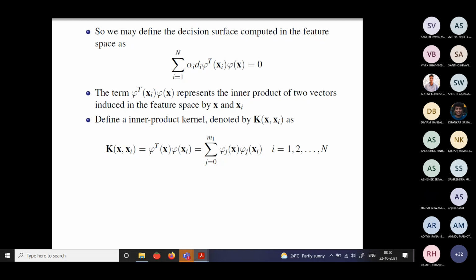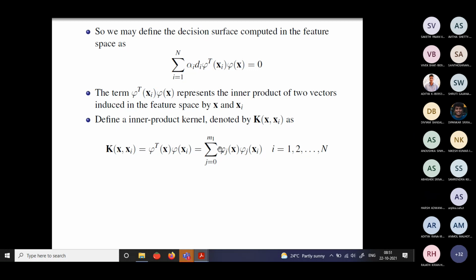Like that, you have eigenfunctions. So we define an inner product kernel by this one. So we say phi transpose xi, and when you open it up, j equal to 0 to m1, phi j x and phi j xi. So two vectors you're talking about, one is x, one is this xi. Now here i is only changing, and that is n number of times, meaning how many data points there are. So this is what it means to say.